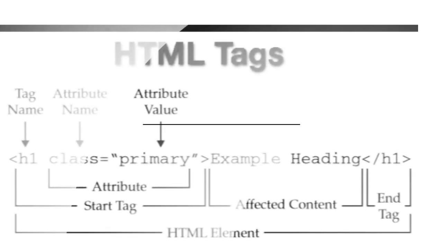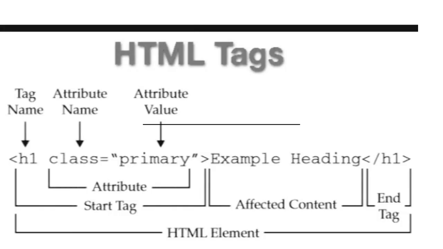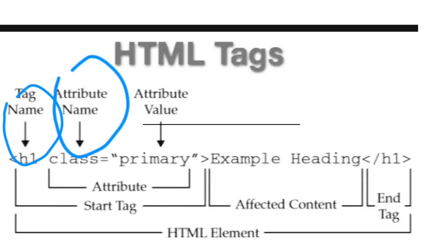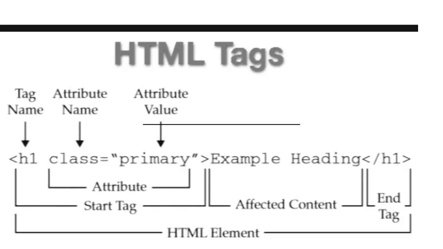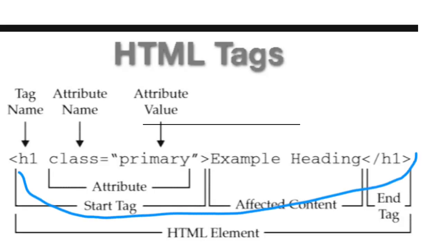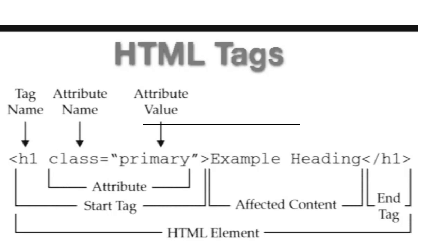Now talking about the HTML tags. This is called the tag name, this is called the attribute name, and this is called the attribute value. The difference between an HTML element and a tag is that the element is from this point to this point, as we have seen in the line drawn below. The tag is just the H1, maybe H2, H3.